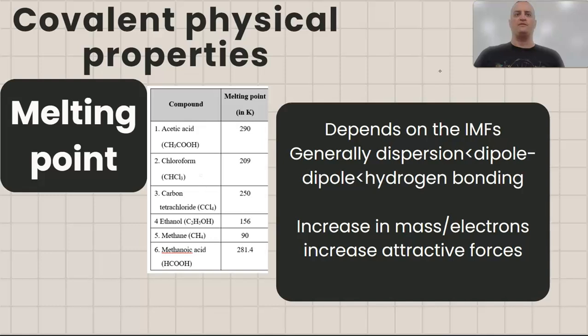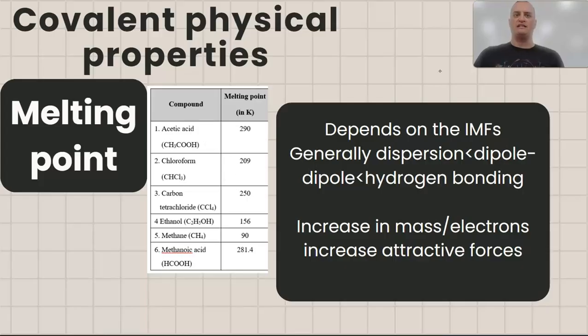Likewise, if we have something like chloroform, we can see it has one less chlorine, and even though it's polar, because we have different atoms around the central atom, that's because one less chlorine, less electrons, so it's a little lower.